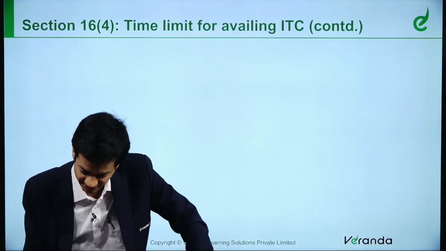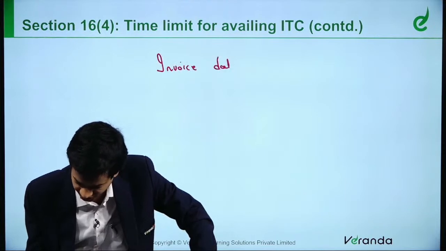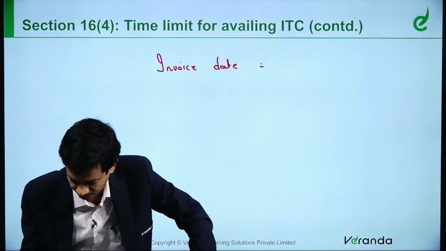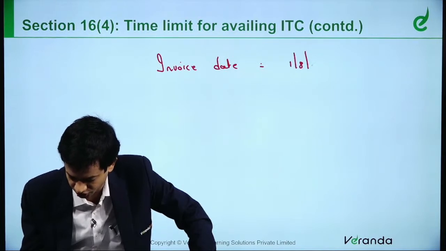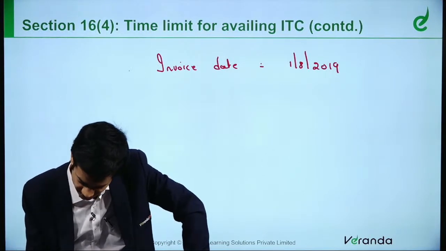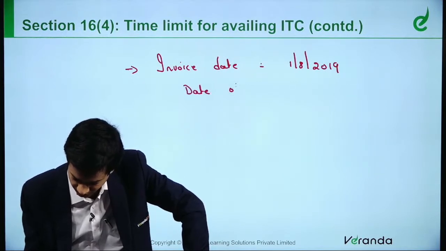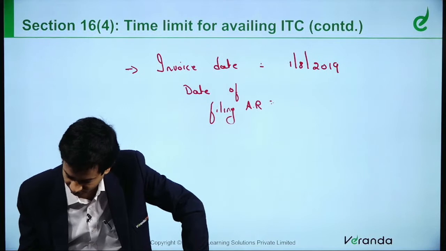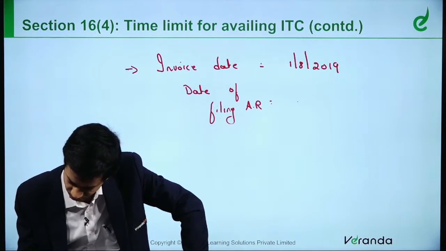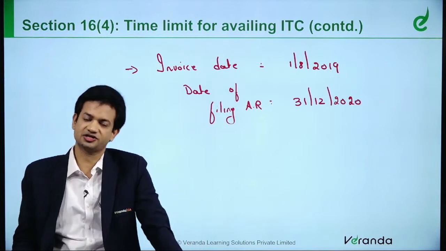So let's say an example: invoice date is 1st August 2019. So I can avail ITC by what date? Let's say the question says the invoice date is this, and the date of filing annual return is 31st December 2020.